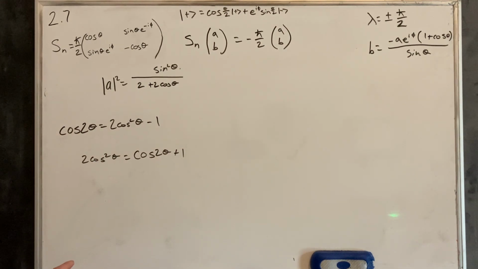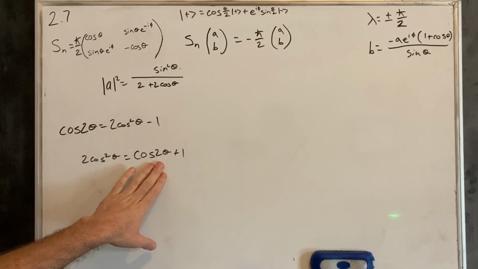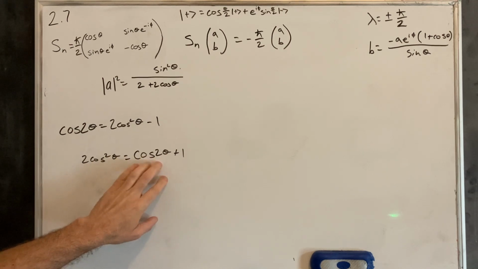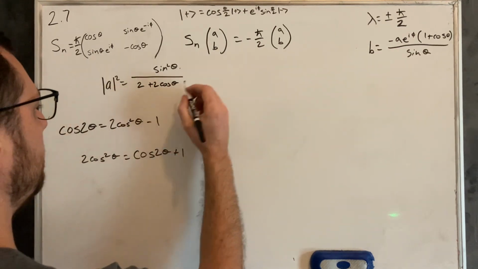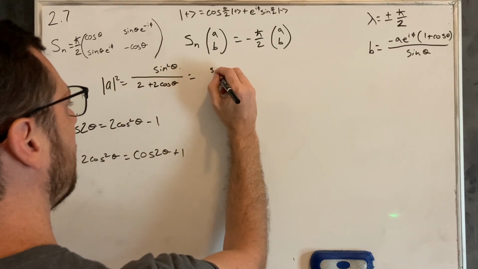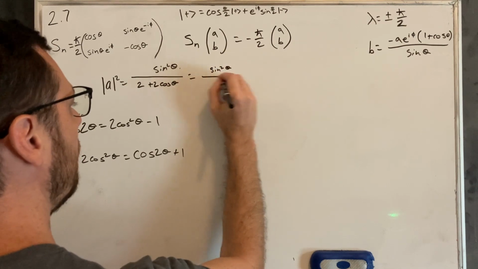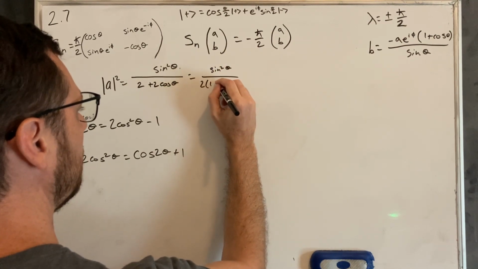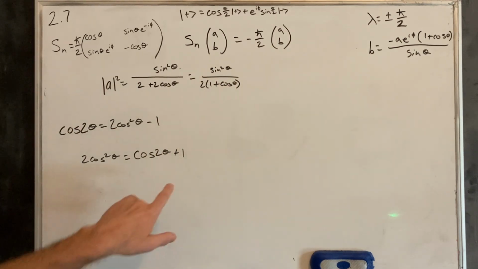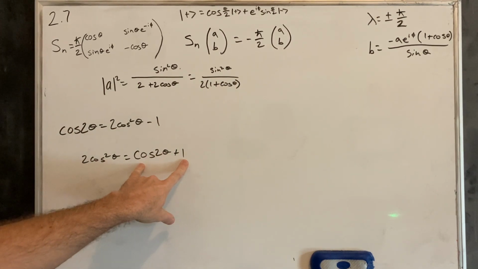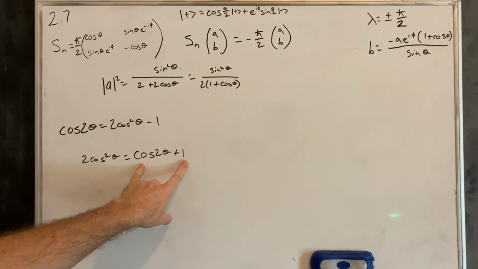All right, so then we have sine squared theta over 2, 1 plus cosine theta. That looks a little bit closer. We have cosine 2 theta plus 1.